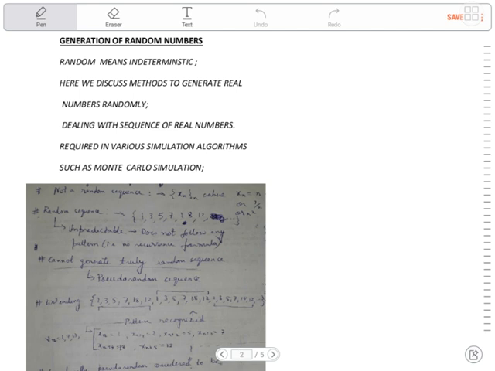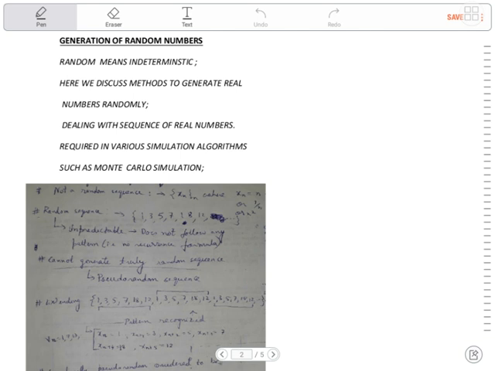So here we get the idea that whenever we are dealing with a probabilistic experiment, definitely we are going to get something unpredictable, that means indeterministic. Here comes the idea of randomness. Basically what we are going to do today is discuss some methods which will be used to generate real random numbers.